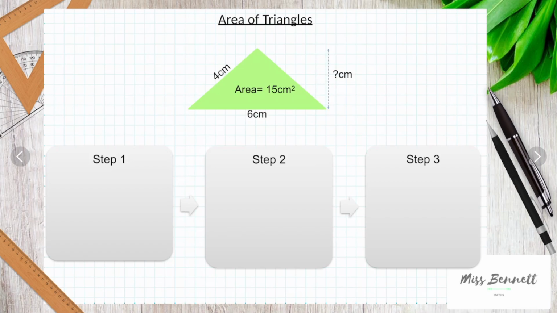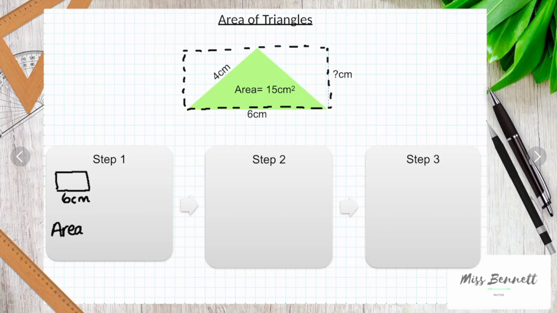Step 1, exactly the same. Make the shape into a rectangle. Write down the measurements that you know. Step 2 is to find out the area of the rectangle.